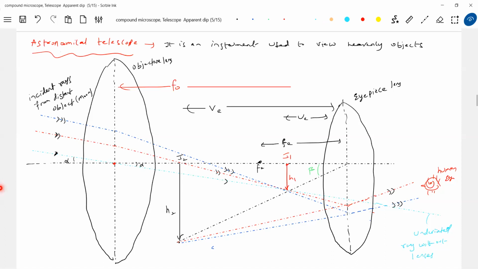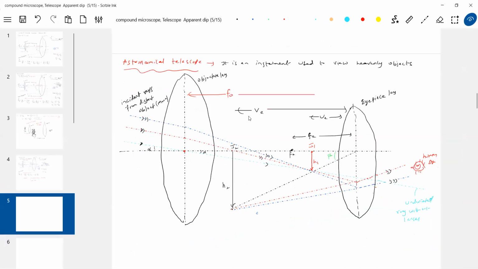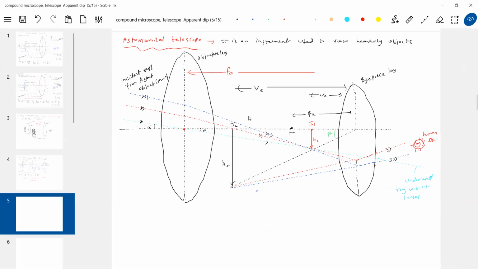So therefore, the magnifying power, the very basic definition, what it says: I'll define the definition. This is for telescope.